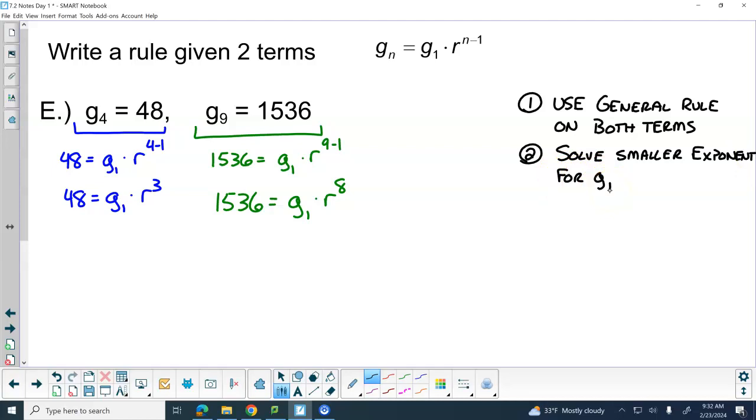Okay? So what I mean by that is, whichever equation has the smaller exponent. Which one has the smaller exponent? Blue or green? Blue has the smaller exponent. So I'm going to solve this equation for g sub 1. So I'm going to divide both sides by r cubed.